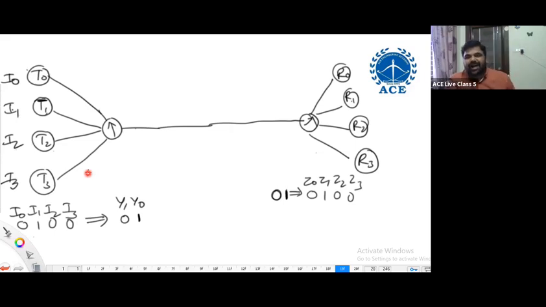But I cannot transmit the data from multiple transmitters. Once again, if more than one input is 1, it confirms that more than one transmitter is enabled. When more than one transmitter is enabled, I cannot transmit the data from multiple; I can transmit data from only one. Which one is that?